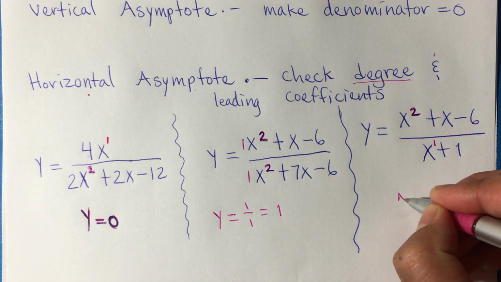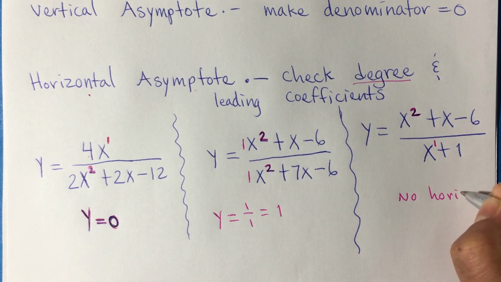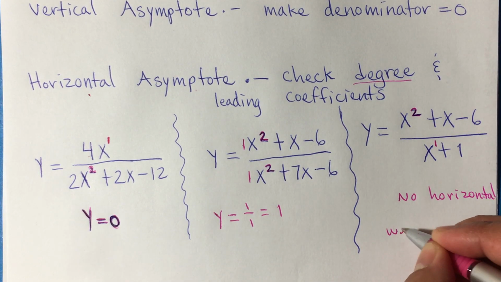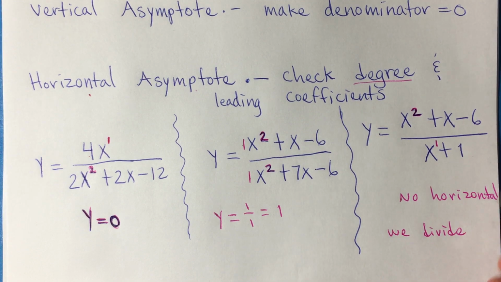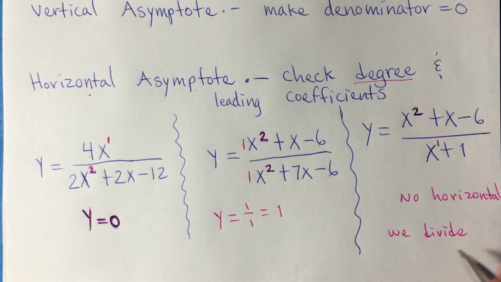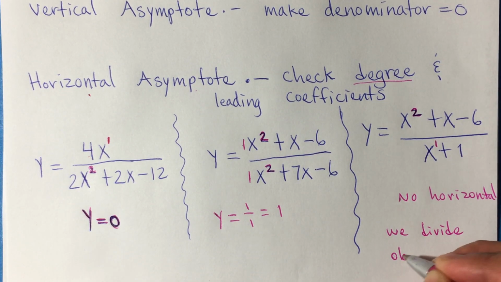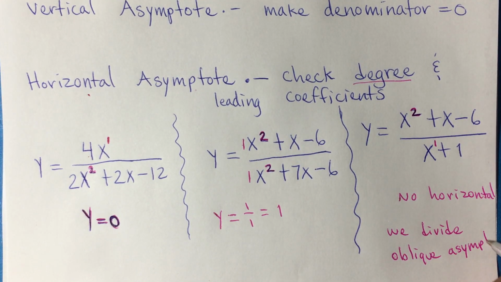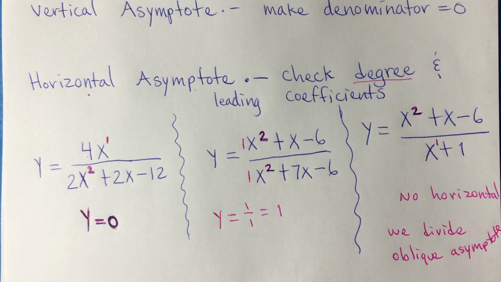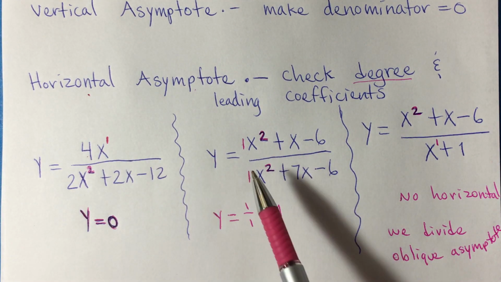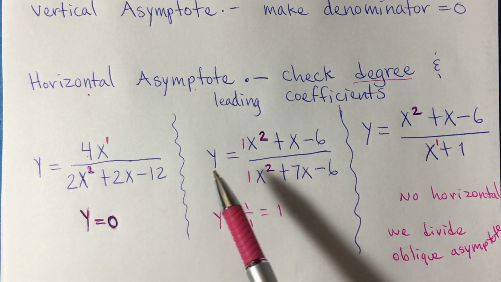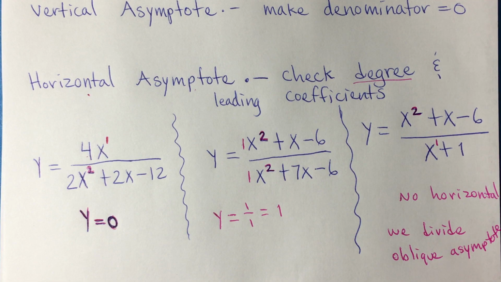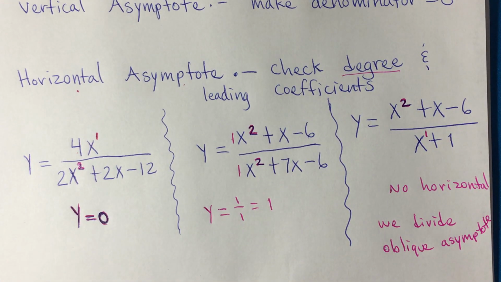Okay, so no horizontal asymptote, so we divide the numerator by the denominator, and that becomes the oblique asymptote. Okay, so those are the 3 options. We have seen videos, the previous lessons have been focused on these ones, but now we are going to be doing one with oblique asymptote.